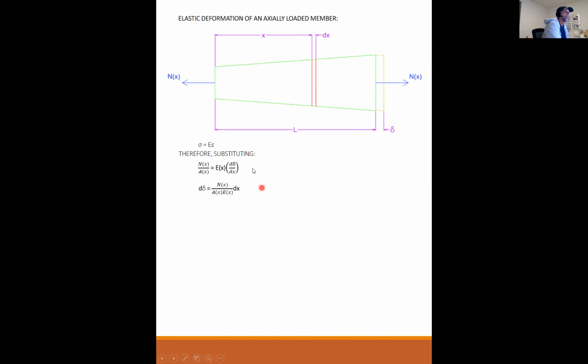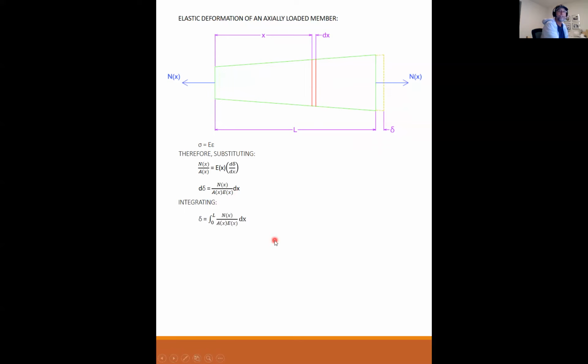Now what I can do is isolate d delta by moving everything over to the other side. So d delta is normal force over area over Young's modulus times dx. And then I can integrate both sides, and I get delta is equal to the integral from 0 to L of N sub x over A sub x E sub x, dx.